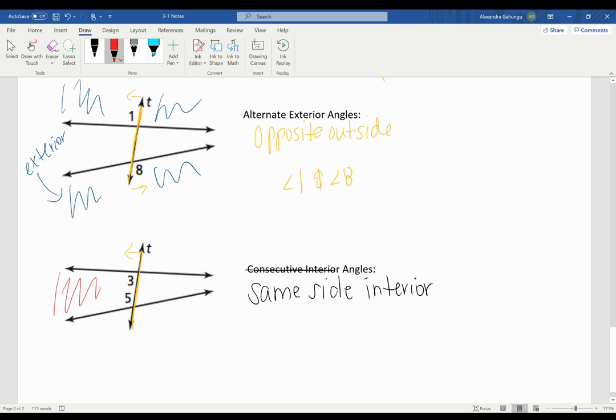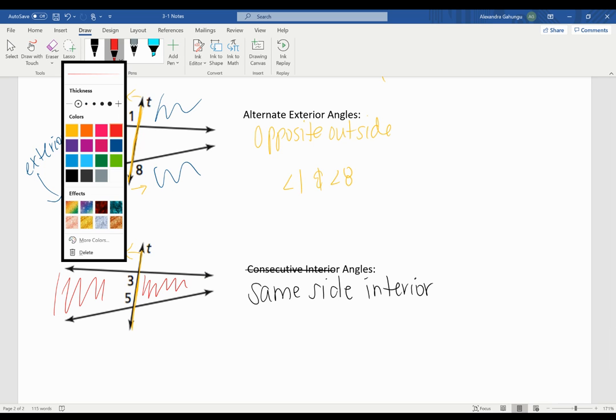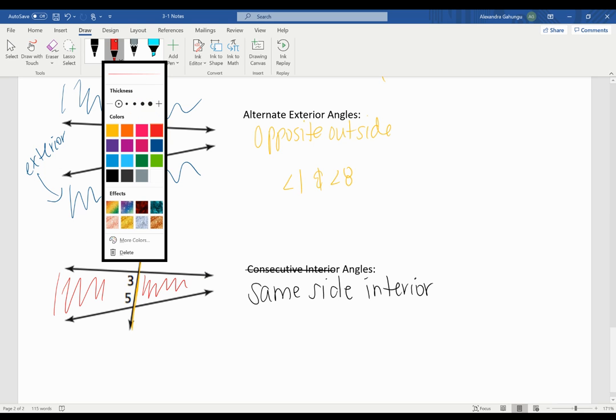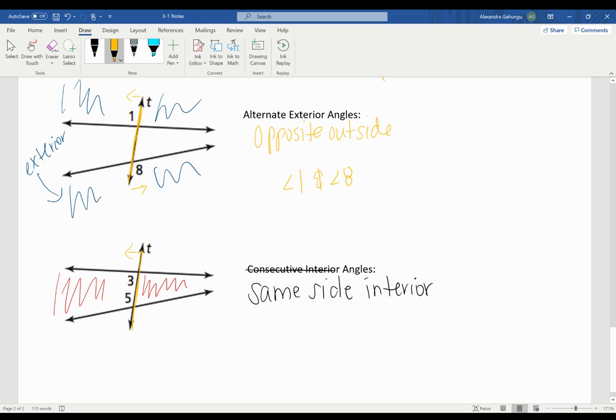So they are on the same side of the transversal and on the inside of those lines that are intersected. So we're going same side, inside. So we've got angle 3 and angle 5.